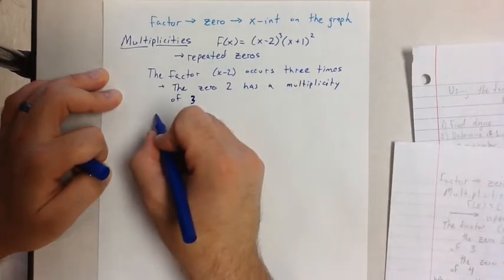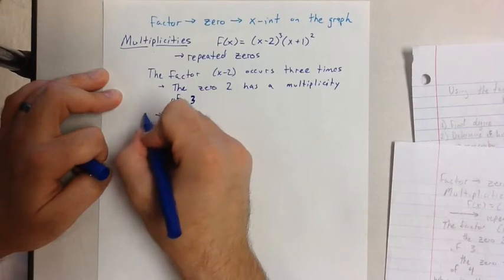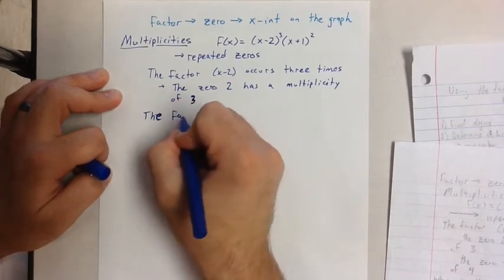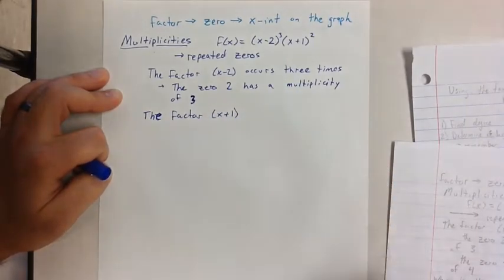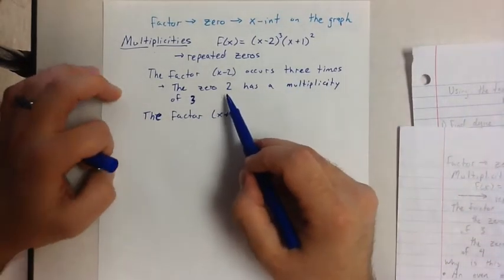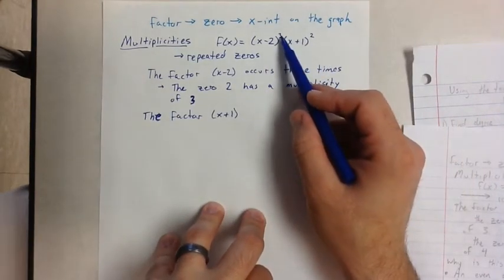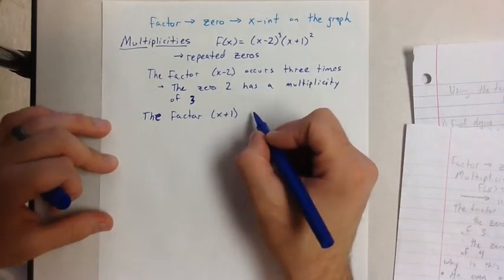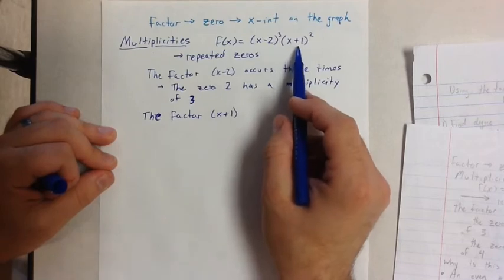And we can build off of that and say, let's say we have the factor of x plus 1. I'm going to pause here. If the 0, 2 has a multiplicity of 3, what do you think the multiplicity of this 0 will be?